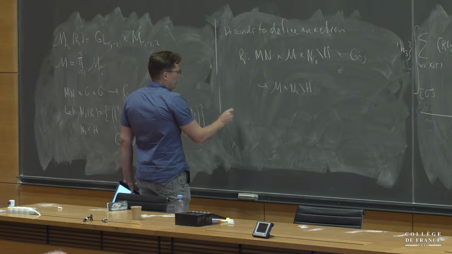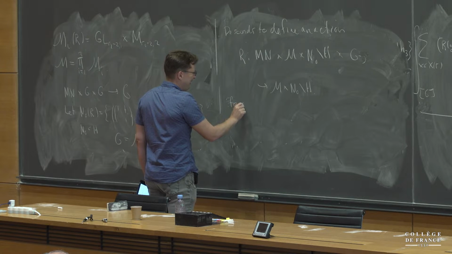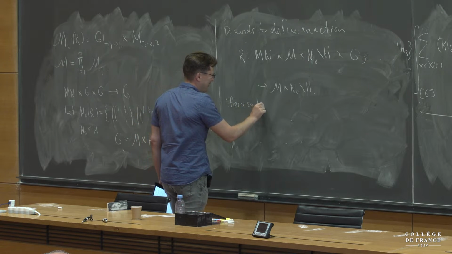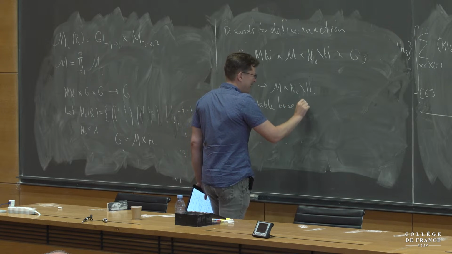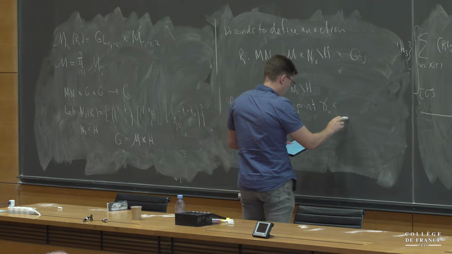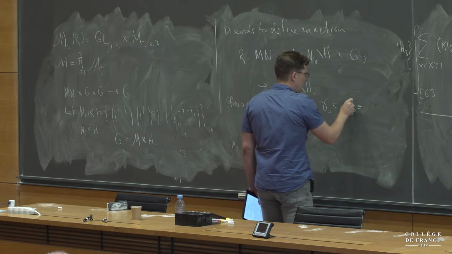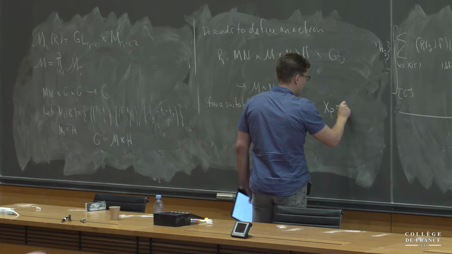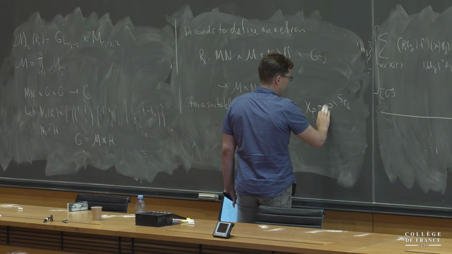So if I choose a suitable base point gamma 0 in Xp, which is this symplectic quotient that I mentioned earlier.